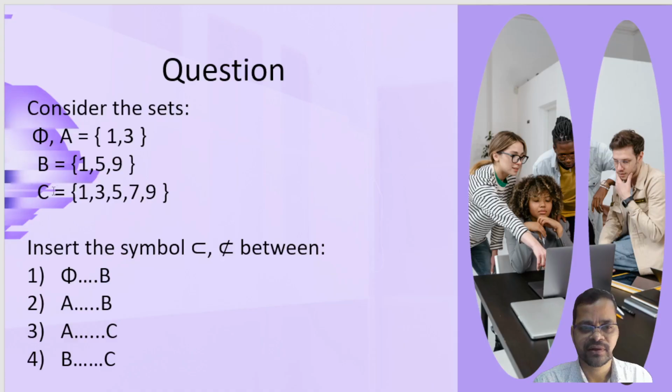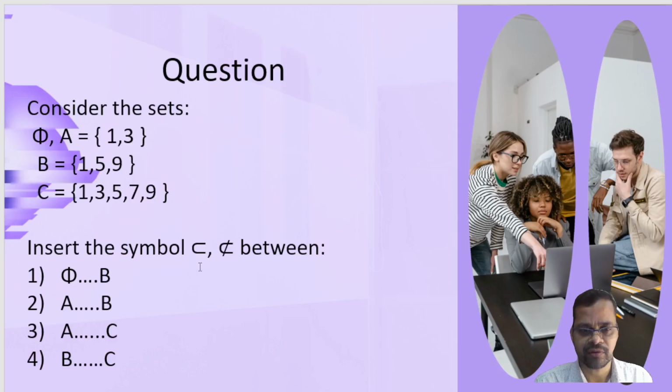Similarly, the set C has elements 1, 3, 5, 7, 9. So the question simply asks, insert the symbol subset or not subset between these 1, 2, 3, 4 options.